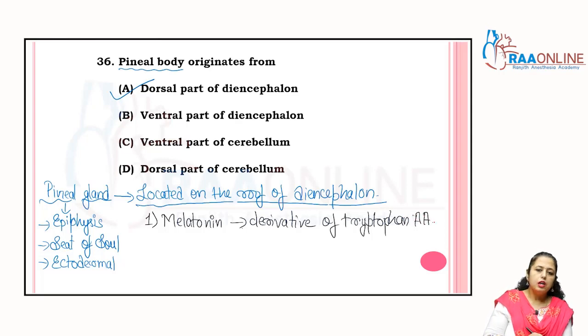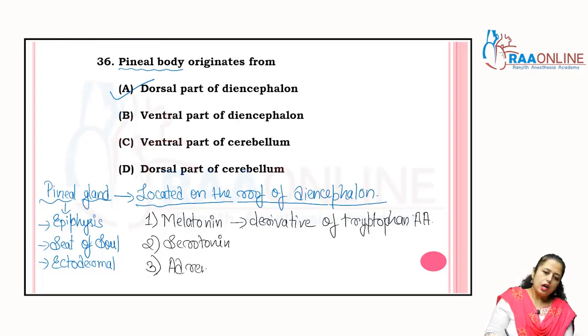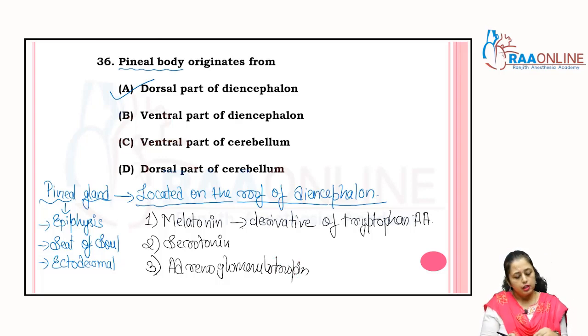Second is serotonin, which acts as a vasoconstrictor, and third one is adrenoglomerulotropin, right?